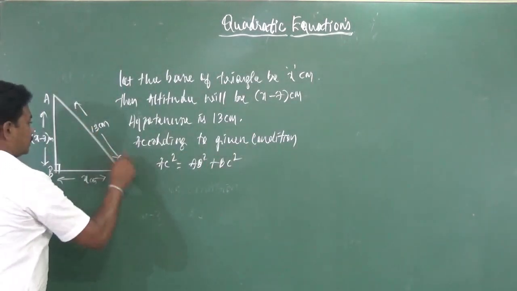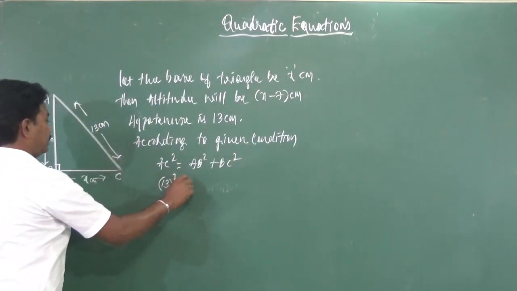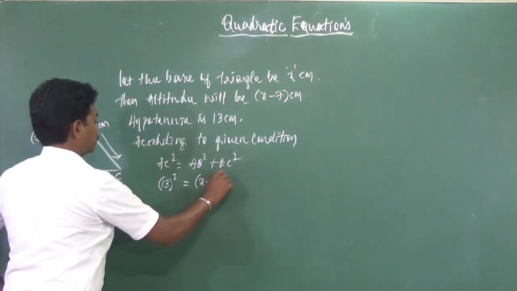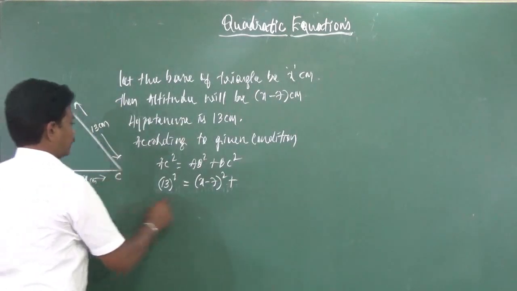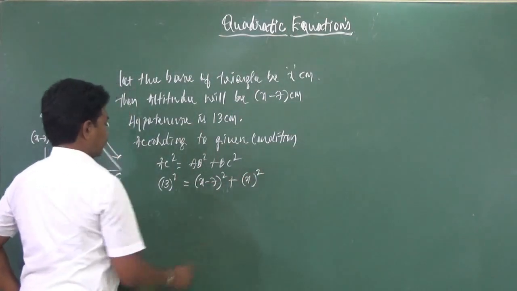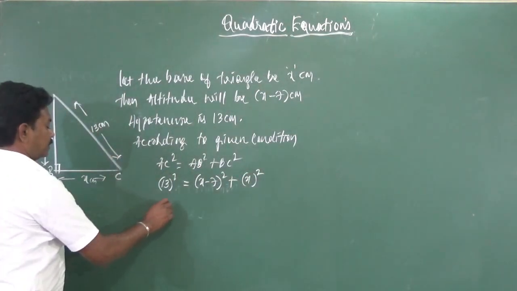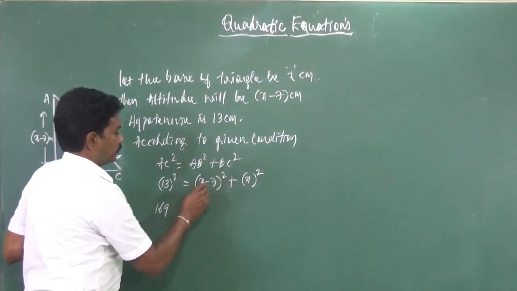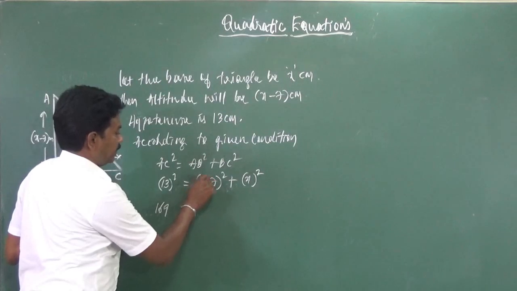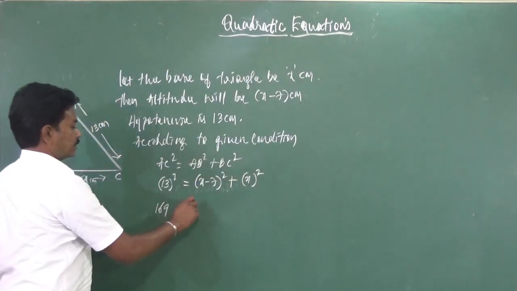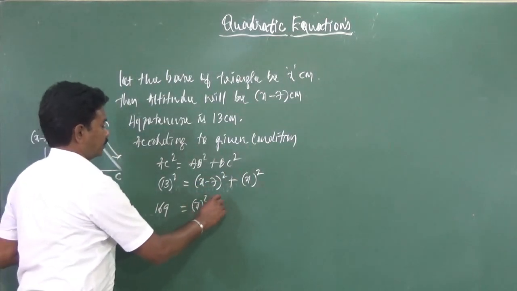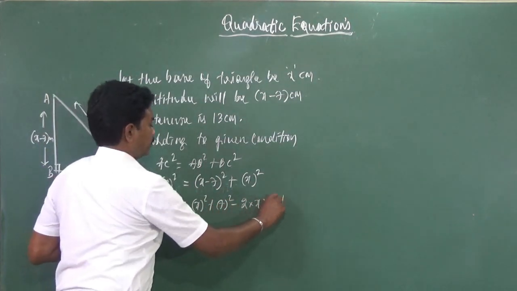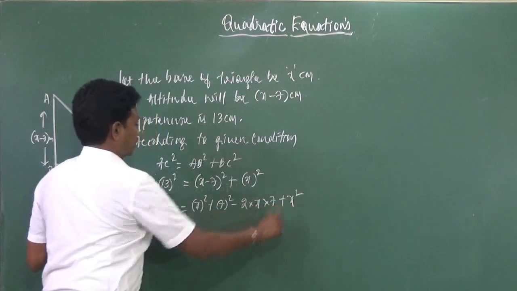AC square is 13 whole square, equal to AB square, which is x minus 7 whole square, plus BC square, which is x whole square. So 13 whole square is 169, equal to x minus 7 whole square, in the form of a minus b whole square, which can be written as x square plus 7 square minus 2 into x into 7, plus x square.